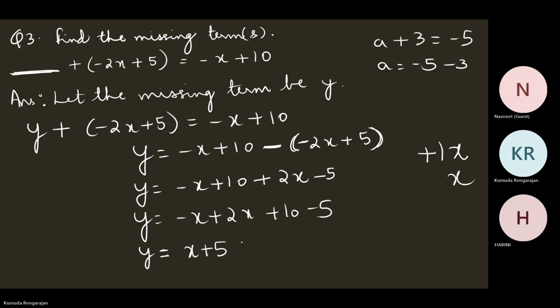So the missing terms are x and plus 5. That is, x plus 5 is the missing expression. Therefore, the missing expression is x plus 5.